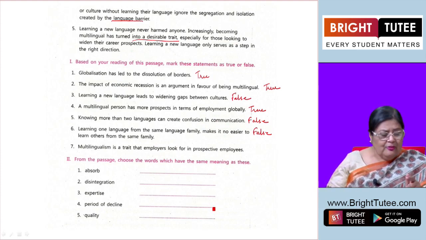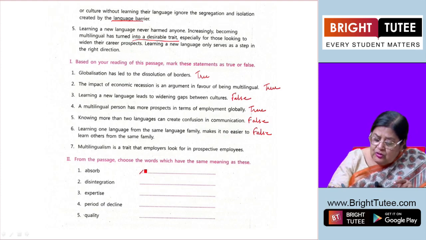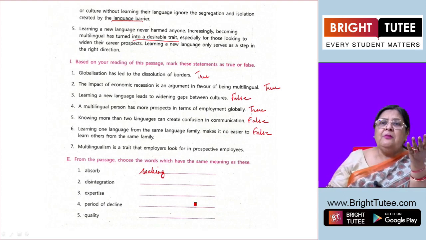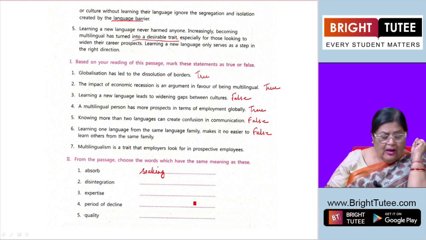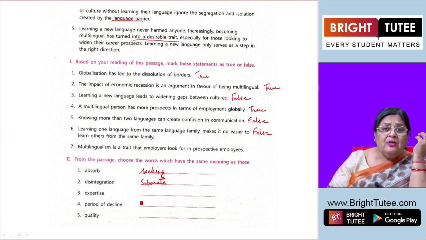Now let us come to the word meanings. Absorb is to soak, like blotting paper absorbs ink, it soaks. Next is disintegration, to separate. Expertise means that you are expert, competent in that particular area.